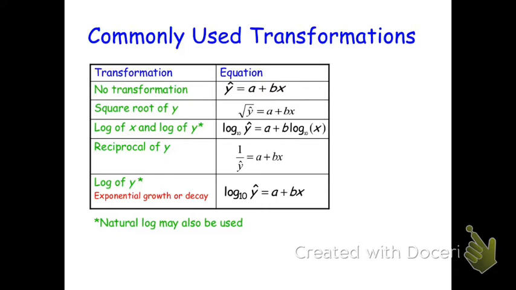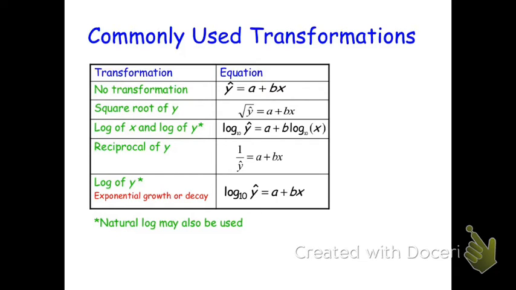Basically, we are never going to have to transform the data ourselves, so we don't need to know how to transform it. The data will always be transformed for us. The process of data needing to be transformed is when the residual plot is curved.